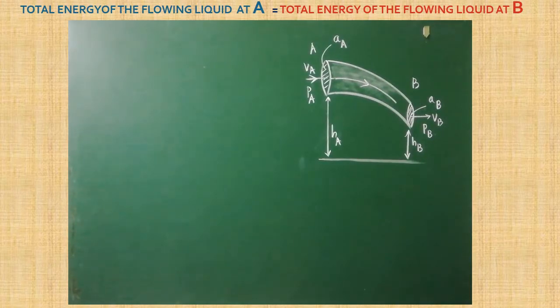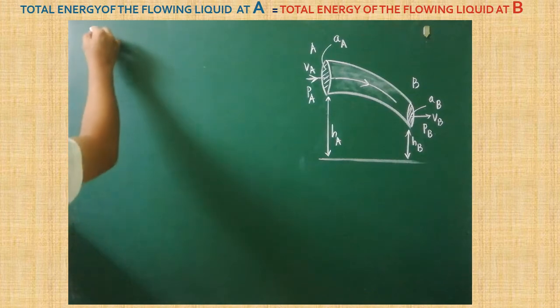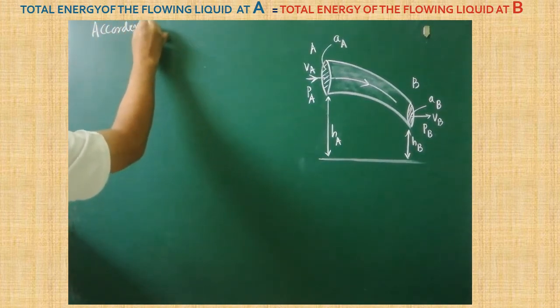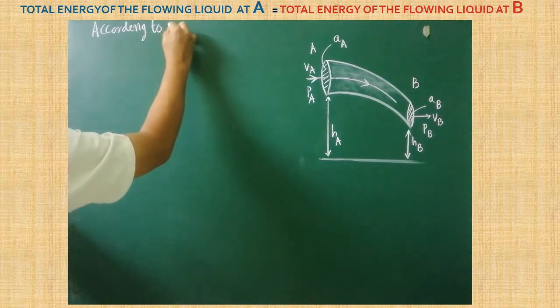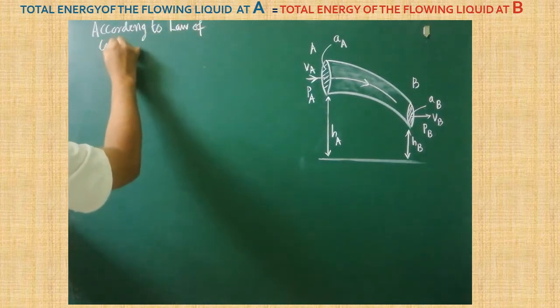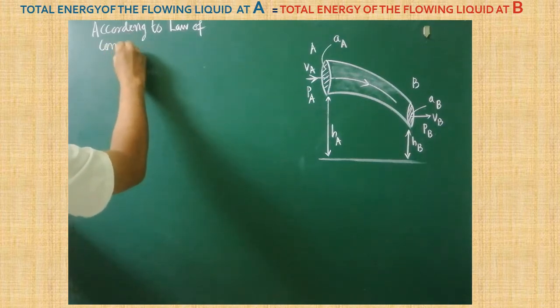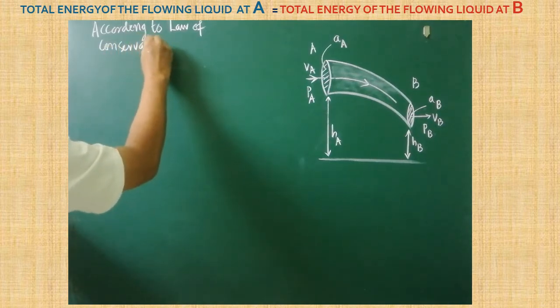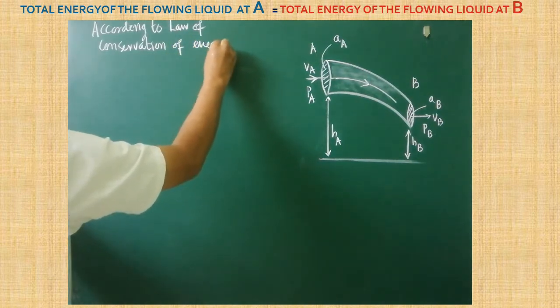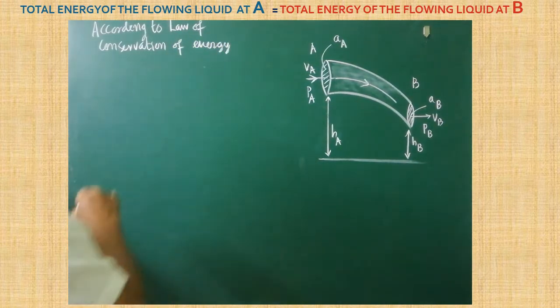Now here we are going to use the law of conservation of energy. So how to start the step? According to law of conservation of energy. What does conservation of energy say?